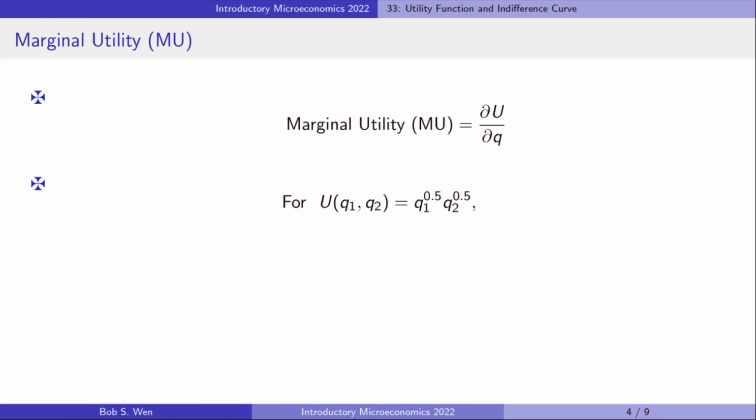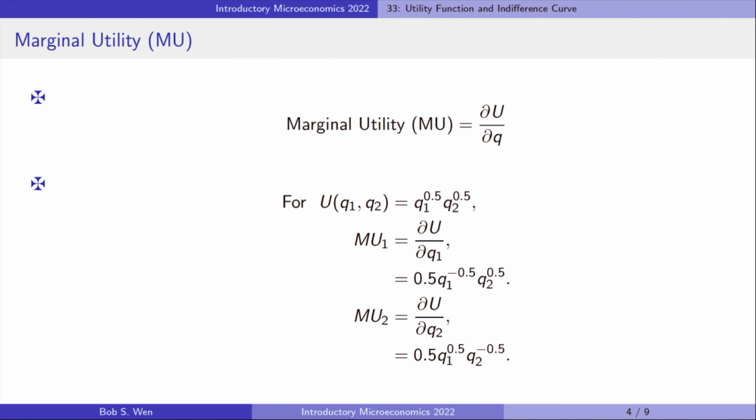For the Cobb-Douglas utility function, the marginal utility of noodles, MU1, equals partial U over partial Q1. Similarly, the marginal utility of ice cream, MU2, equals partial U over partial Q2.